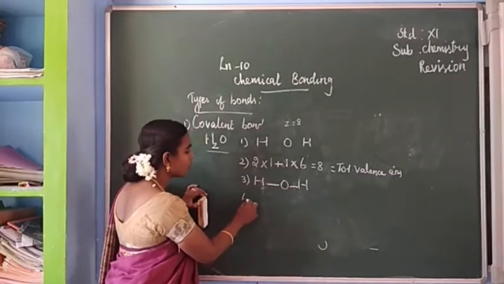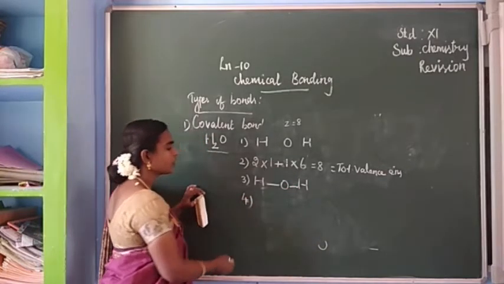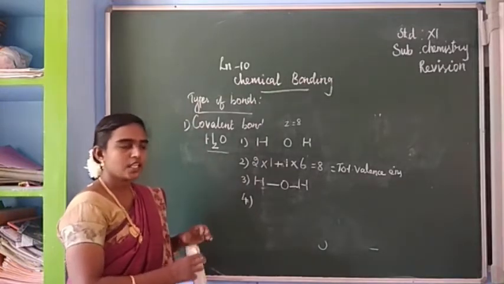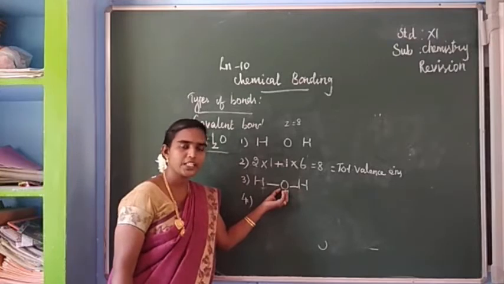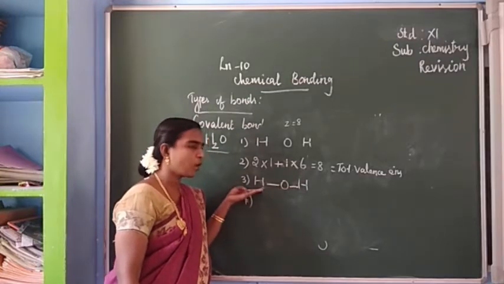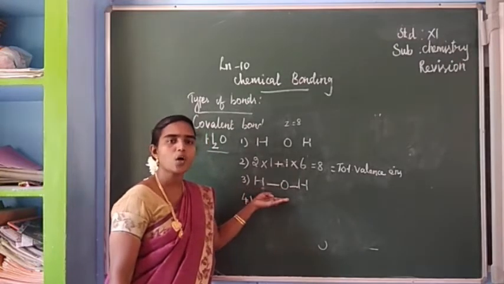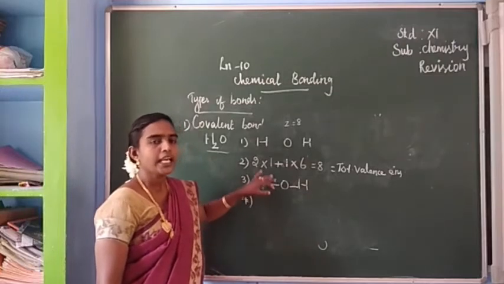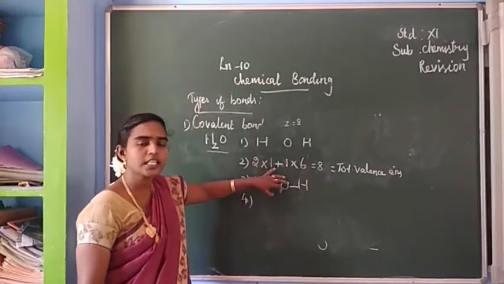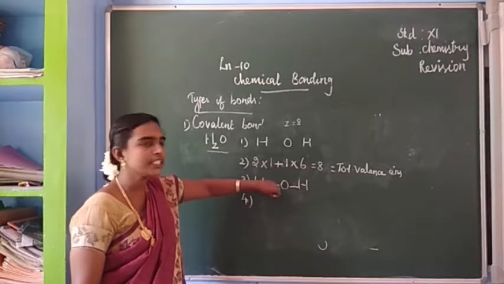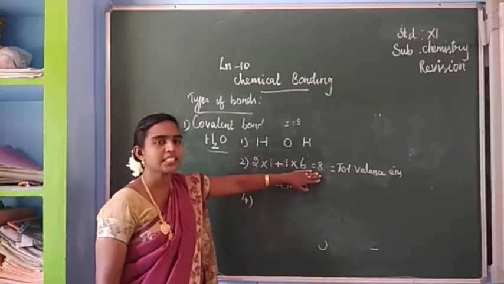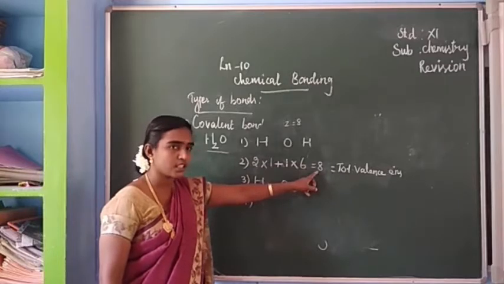So next, the fourth step is, starting from the more electronegative atom. In the water molecule, hydrogen atoms and an oxygen atom are present. Of these two atoms, oxygen is the more electronegative atom. So we have to distribute the total valence electrons. 8 electrons are there.